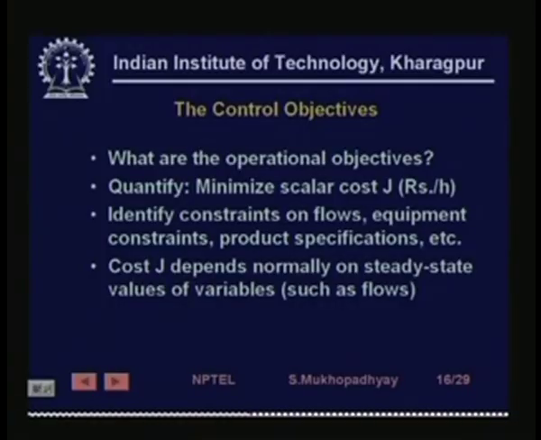And it turns out that the cost J, that is the cost that you want to minimize, generally depends much more on steady state values of variables, especially in process control, such as flows, because processes are typically not oscillating all the time, right. They will oscillate once in a while, but most of the time they are going to stay in their steady states, and therefore it is these steady state values which mainly decide the cost.